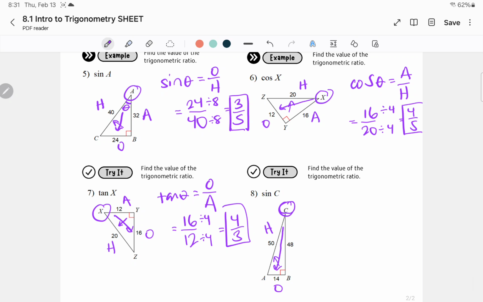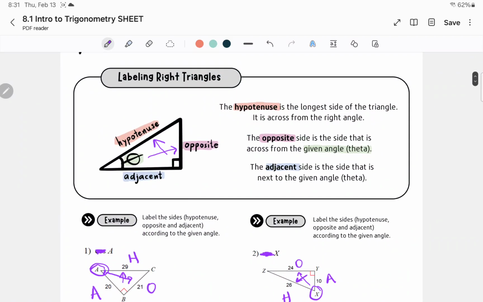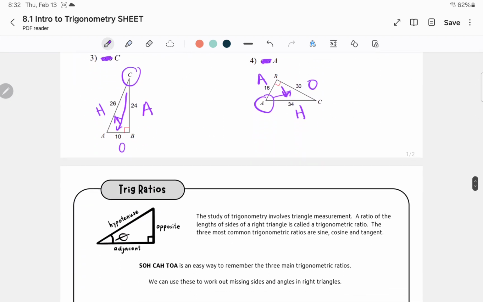And then next to it is the A, all right? And if you need help, just try to draw your arrow. Always go from the right angle, boom, from theta, boom, and then your last one's always going to be adjacent, okay?